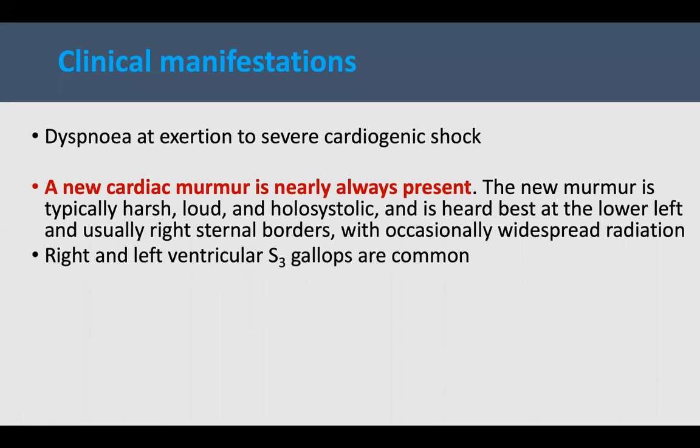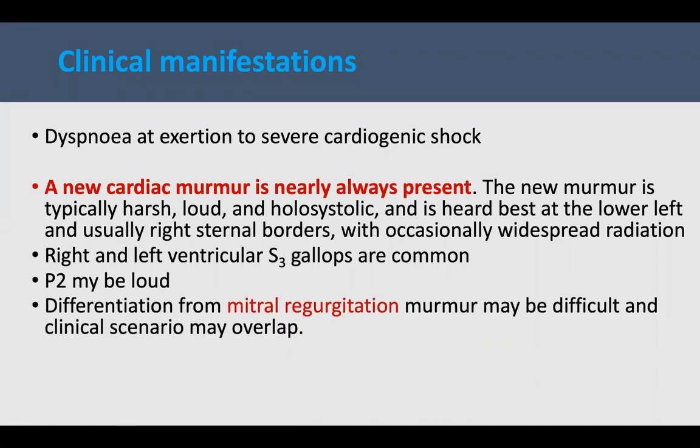So then starts the right heart failure, left heart failure. So you can see these gallops because of the heart failure, and then you can see because of there is a high flow in the RV and the high flow in the pulmonary system, the P2 may be loud. One of the important is you should differentiate it from the mitral regurgitation murmur. And sometimes clinically it may be difficult.